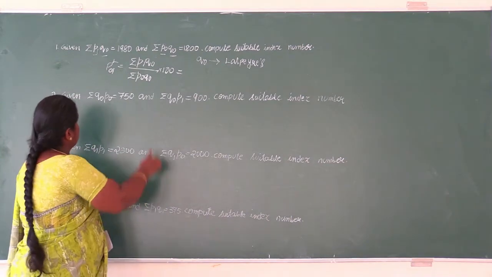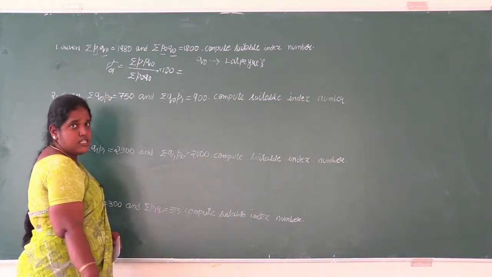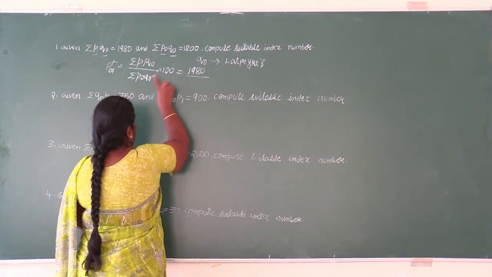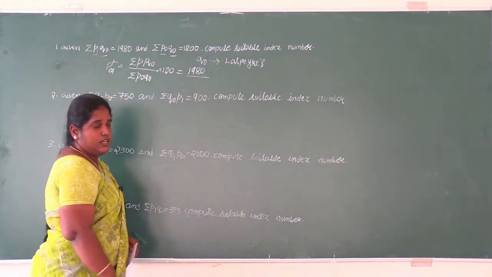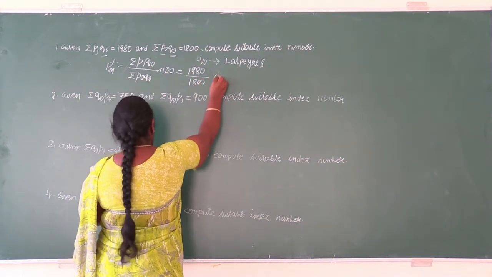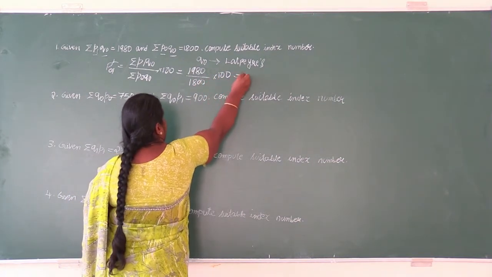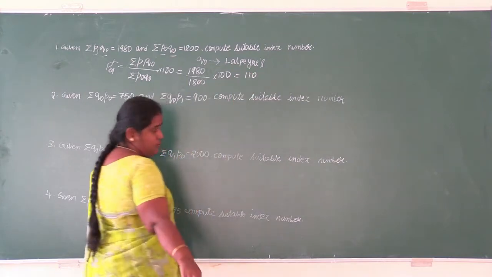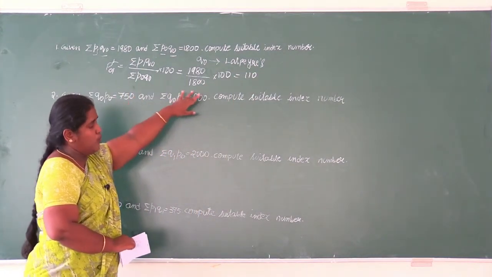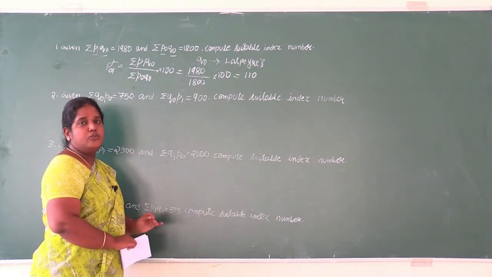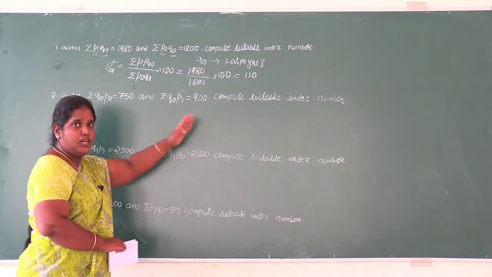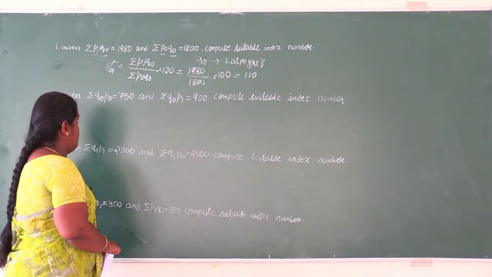What is P1 Q0 total? 1980 divided by P0 Q0 total, it is 1800, into 100. We'll get 110. So here, 2 marks is 1 mark for the formula, 1 mark for the answer. You need not write the conclusion. So 2 marks: 1 mark for the formula, 1 mark for the answer.